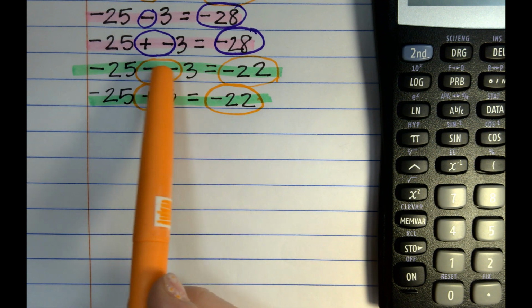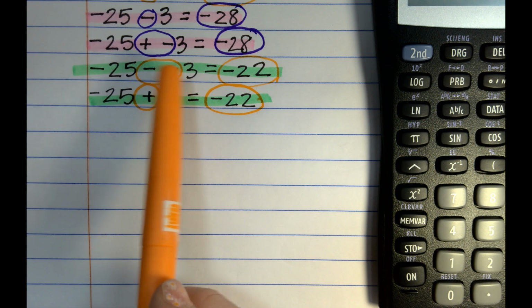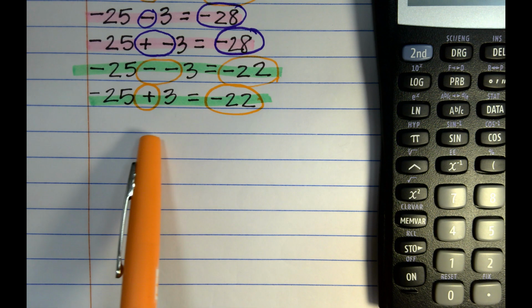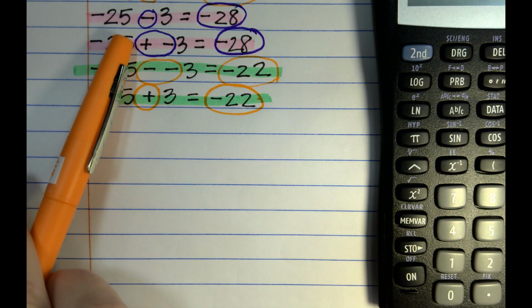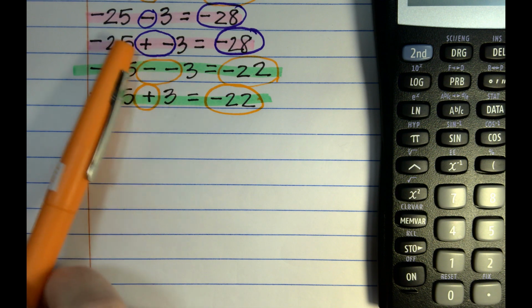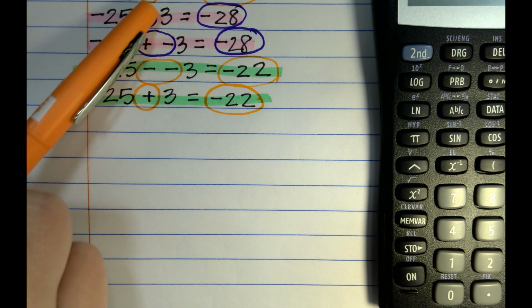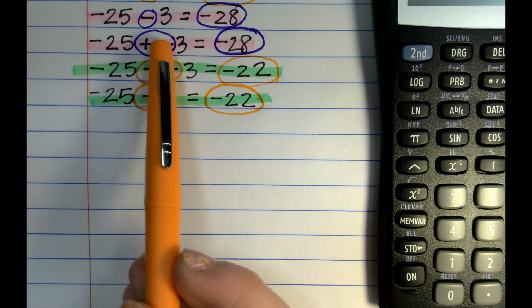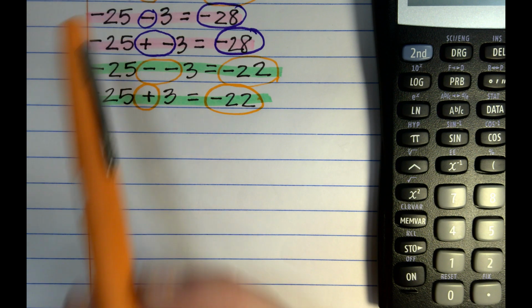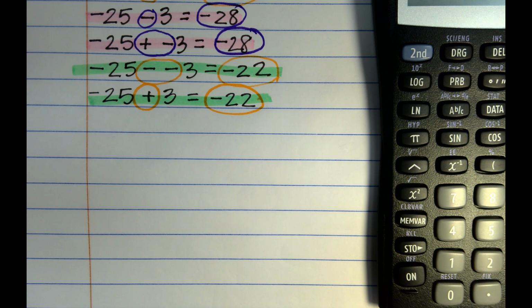When you see two minus signs right beside each other, we can turn it into a plus. When we see plus and minus beside each other, it turns into a minus. So the same signs stay the same. When they're different, it's a minus.